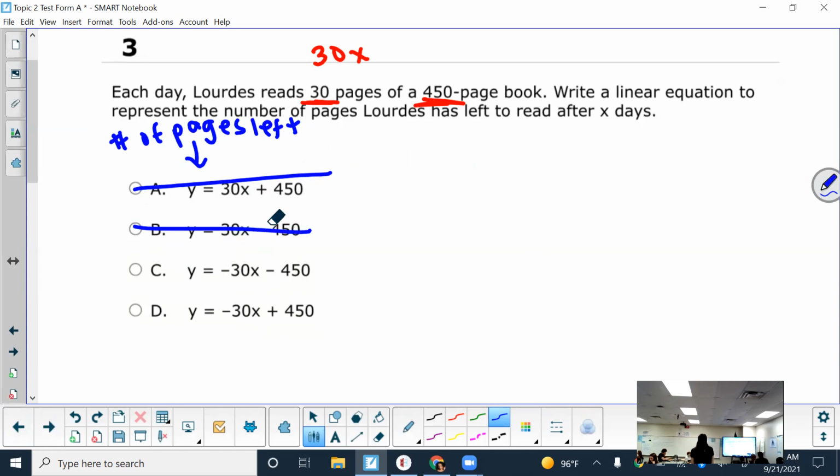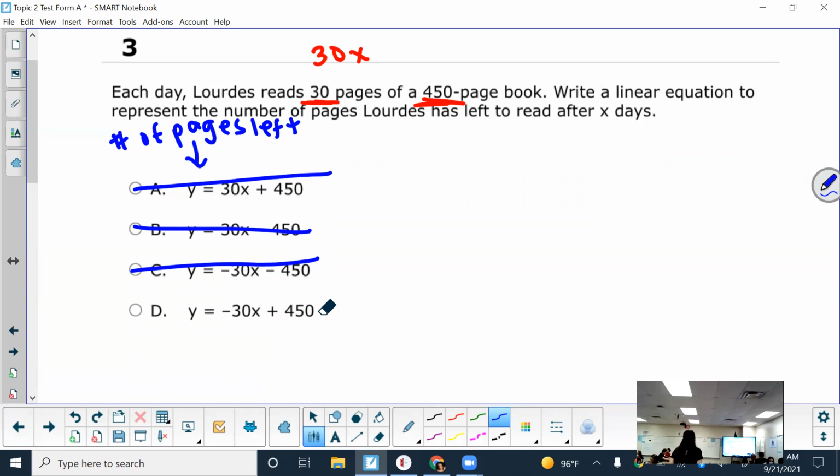C, so negative 30x minus 450. If we plug in after one day, negative 30 minus 450 is again another negative number. That wouldn't make any sense to have negative pages left to read. But if I do this one, where after one day, I have negative 30 plus 450, does that make sense that after one day of reading, you have 420 pages left to read?